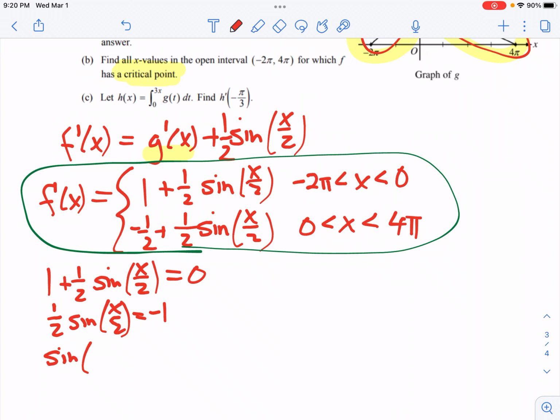That means the sine of x over 2 equals -2. That will never happen. There is no input into the sine function where the output is -2. So there is no solution for this part.